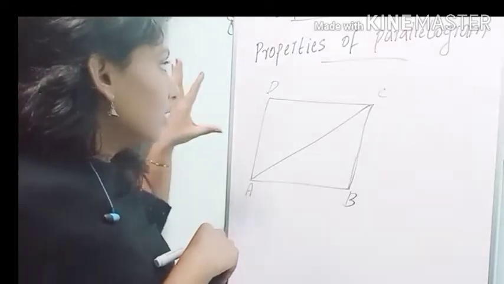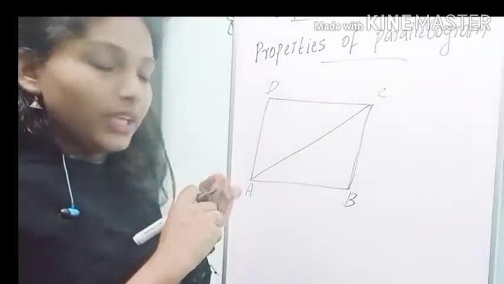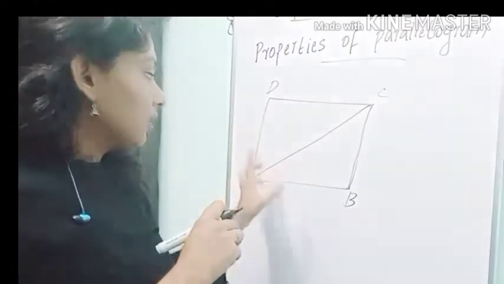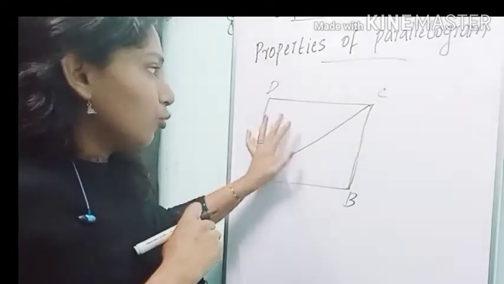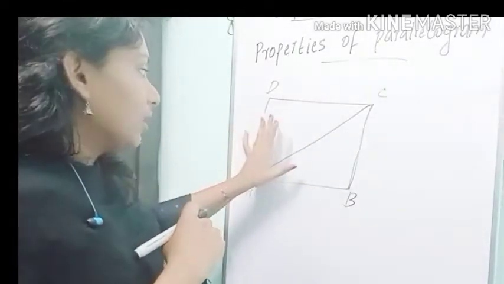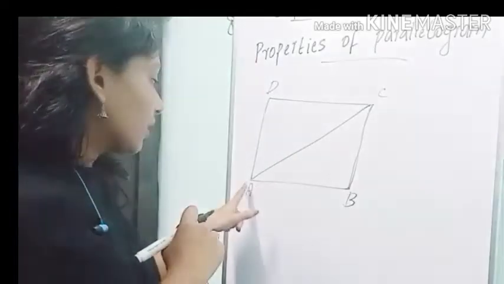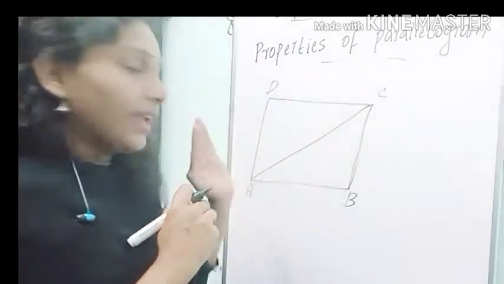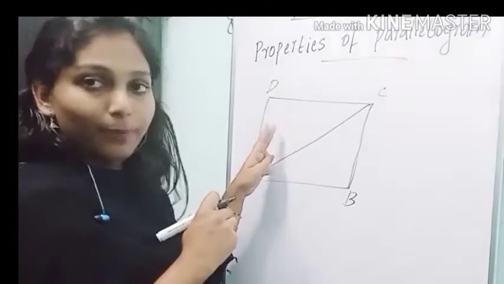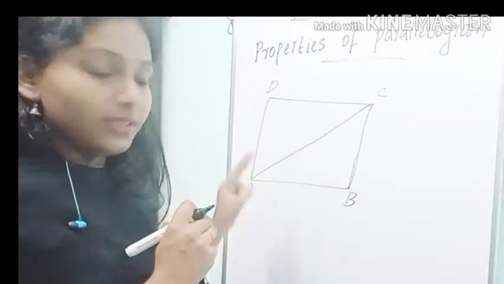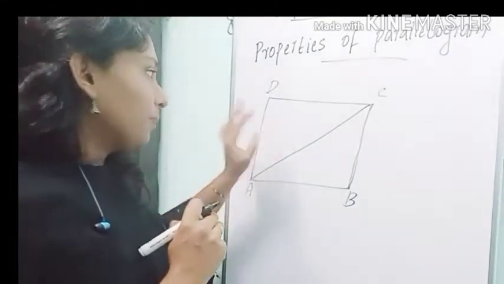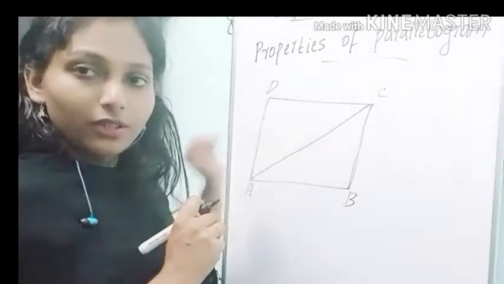Then we have to prove that the two triangles are congruent. The diagonal AC divides the parallelogram into two triangles, and we have to prove that the two triangles are congruent.